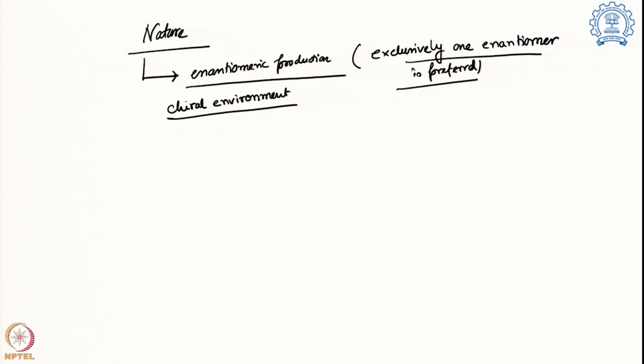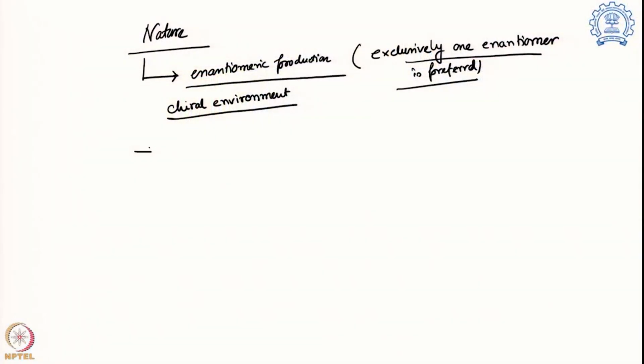Right now it is happening in these metalloenzymes which are chiral because they are made out of amino acids, or carbohydrates, or nucleic acids also at certain times. So, I know they are going to create a chiral environment and we are going to get exclusively or preferably one of the enantiomers. But the question remains the same, where it all began.